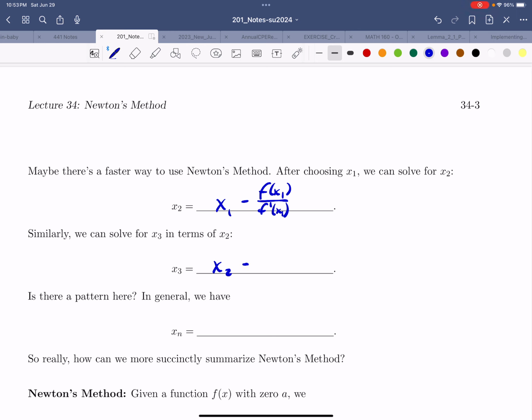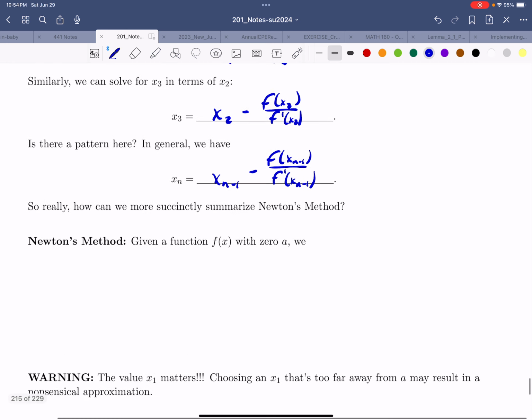It equals x2 minus f of x2 over f prime of x2. And then xn equals xn minus 1 minus f of xn minus 1 all over f prime of xn minus 1.